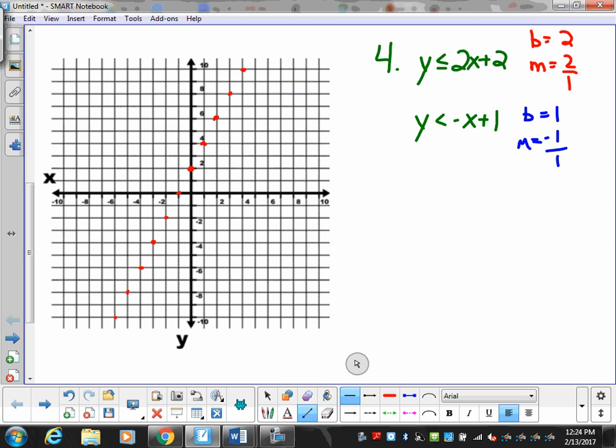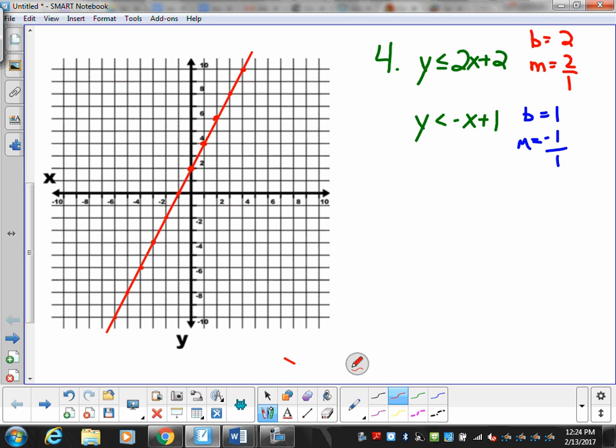Okay, is this going to be a solid line or a dashed line? Okay, it's going to be a solid line simply because it's a less than or equal to. Remember that the equal to part is what determines whether it's solid or dashed. Okay, now which way is it going to be shaded? What symbol is that real quick?